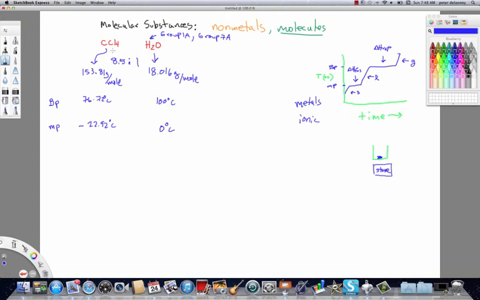So let's talk about what's going on here. And in order to do that, what I want to do is draw the Lewis formulas first for both of the molecules. So for the carbon tetrachloride, we have a tetrahedral structure that's going to look like this.